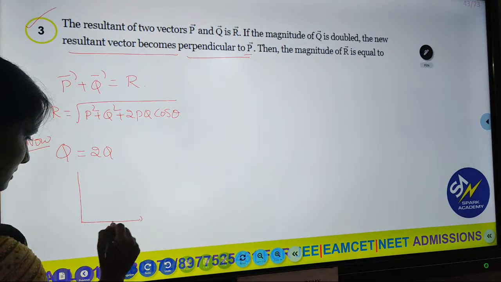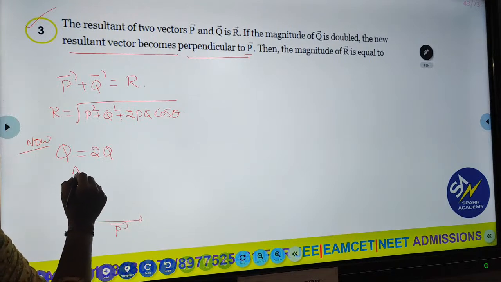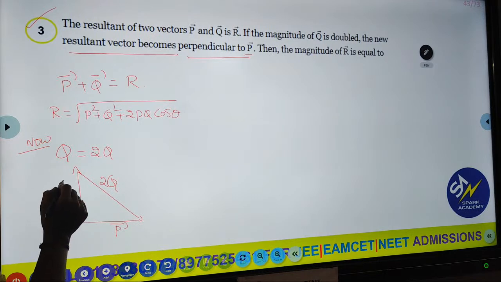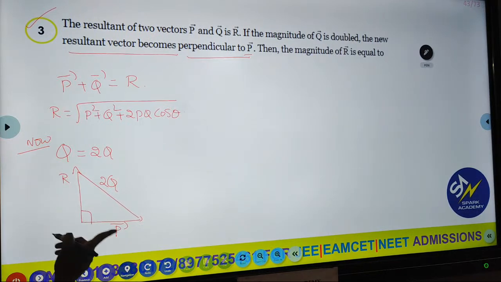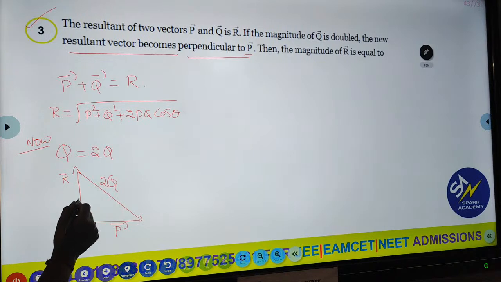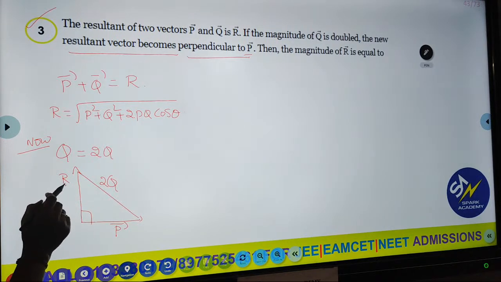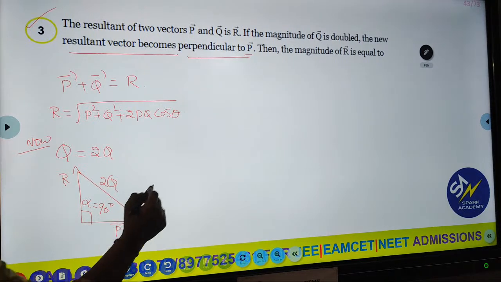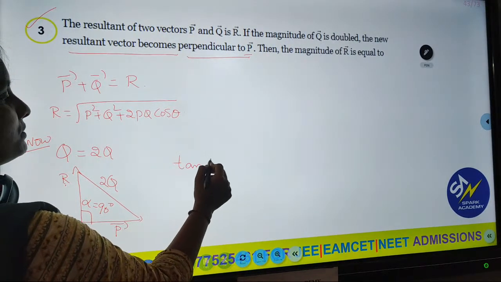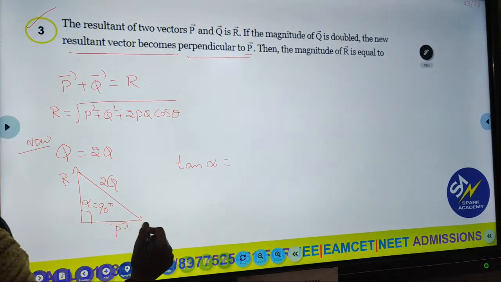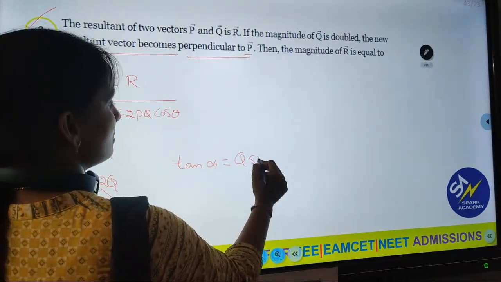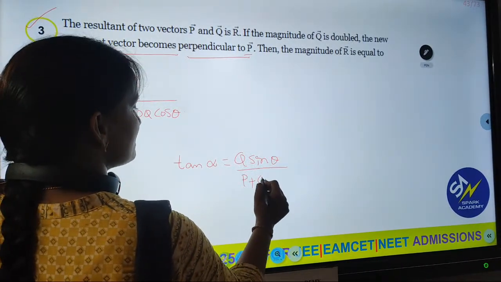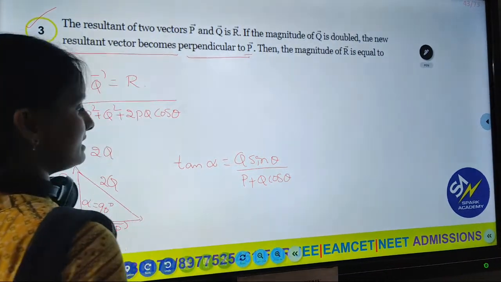The new resultant vector is perpendicular to P. So here this is P, this is 2Q, and this is the resultant which is perpendicular to the vector P bar. So the resultant is making 90 degrees with the vector P. To find the direction of the resultant we use tan alpha is equal to Q sin theta by P plus Q cos theta.